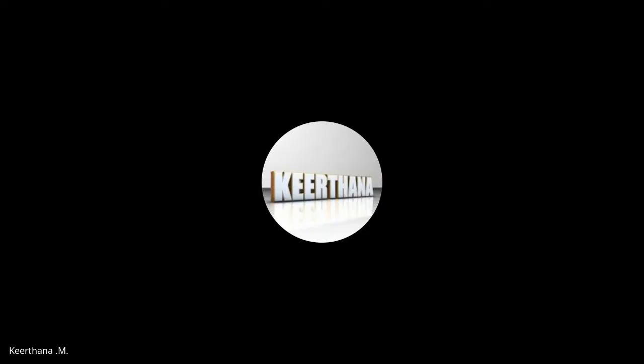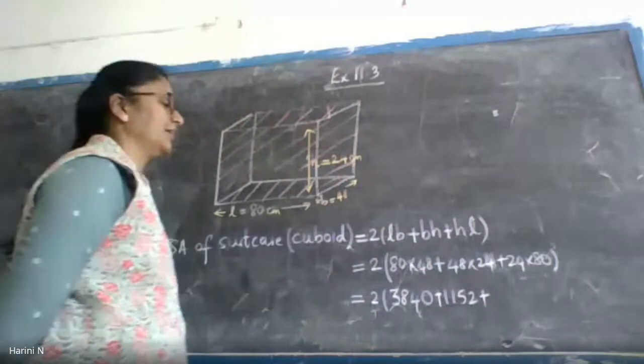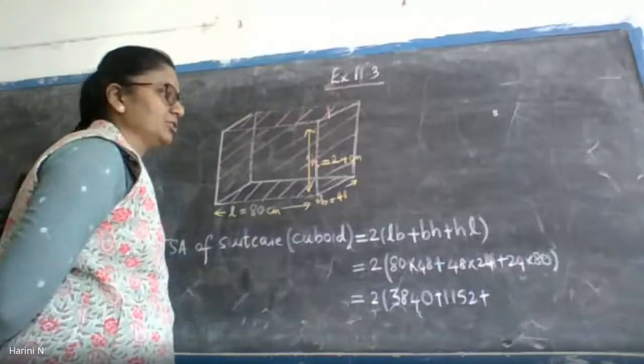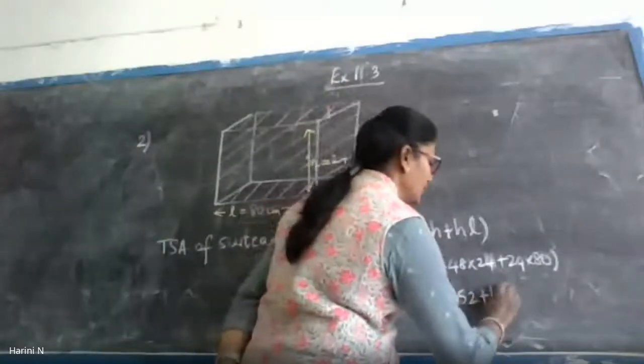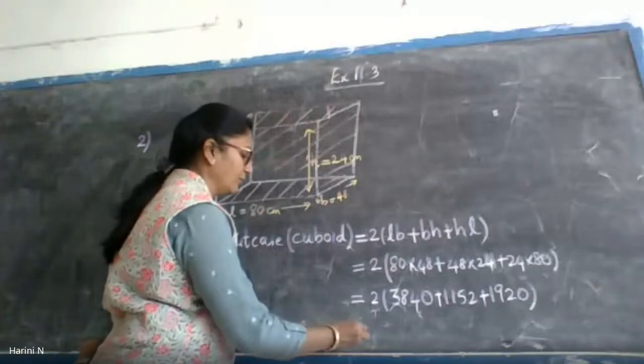Ma'am, 1,152. Plus 24 into 80. Ma'am, 1,920. Yes, 1,920. Now add all the 3 of them and tell me how much it is.